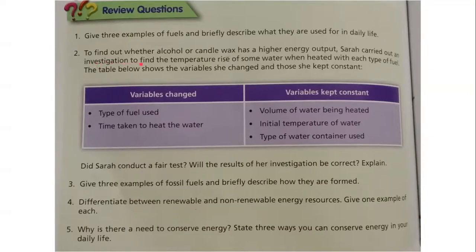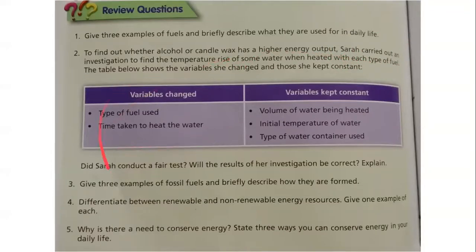So to find out whether alcohol or candle wax has a higher energy output, Sarah carried out an investigation to find the temperature rise of some water when heated with each type of fuel. The table below shows the variables she changed and those she kept constant. So this is something she has to change to observe the results.